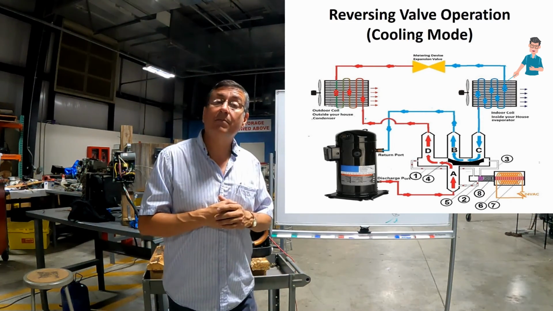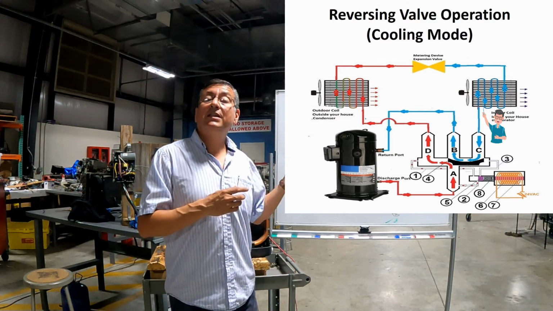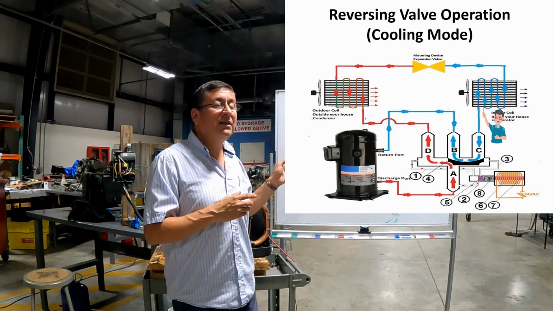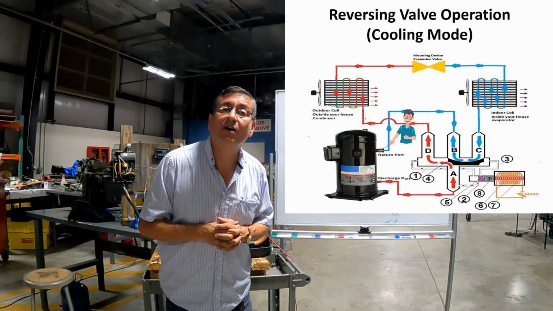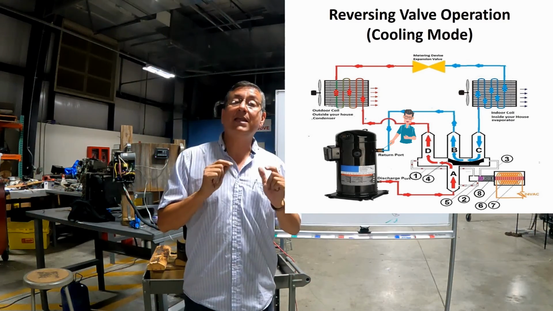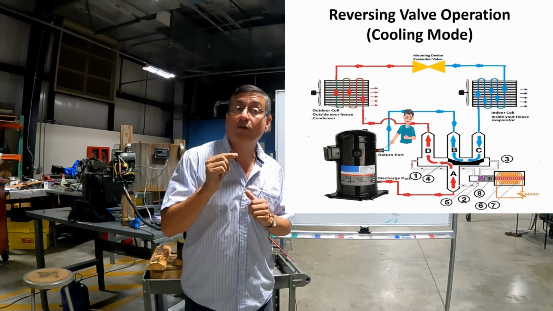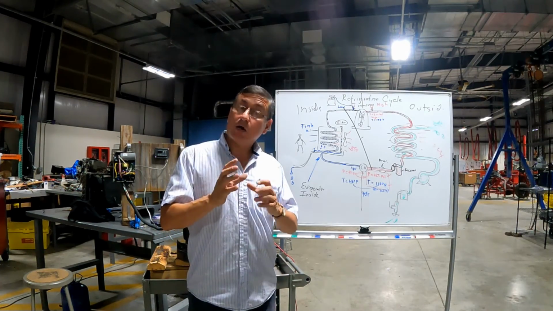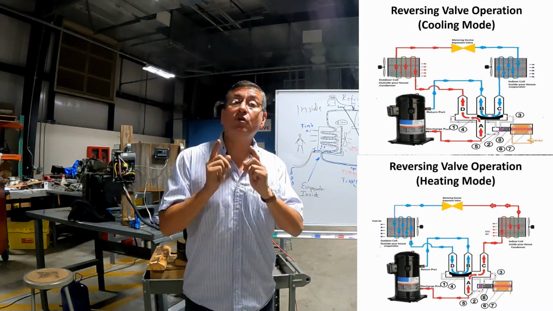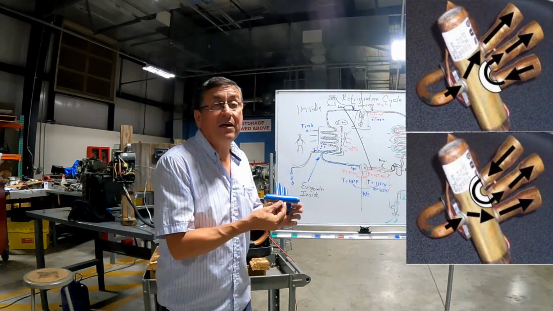It receives liquid at the bottom. The liquid starts to evaporate, and at the output is a vapor, and that vapor enters the suction side of the compressor. Depending on the flow of the refrigerant from the output of the compressor, we have a cooling mode or heating mode. That situation occurs because of the Y valve, this is the Y valve.